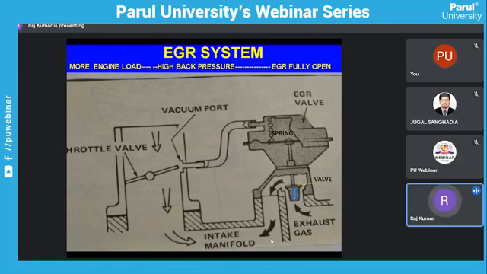It will go to this combustion chamber. So this is controlled again by the engine requirement, that is by the vacuum. It works on the same phenomenon as PCV, positive crankcase ventilation.